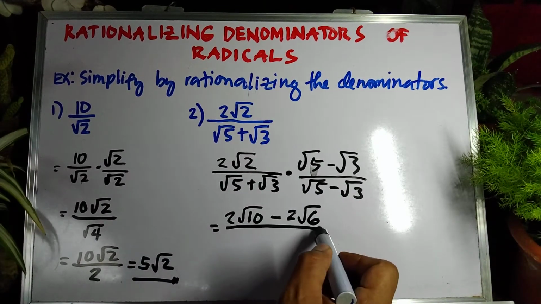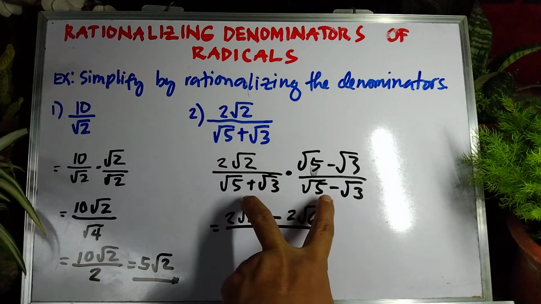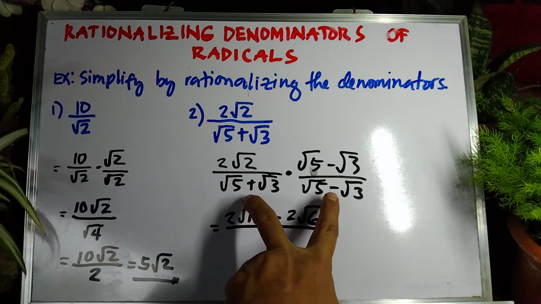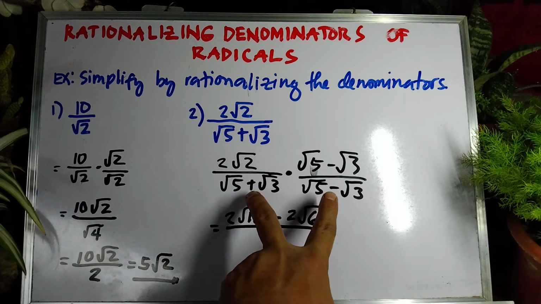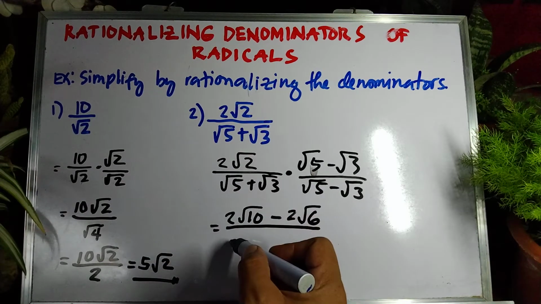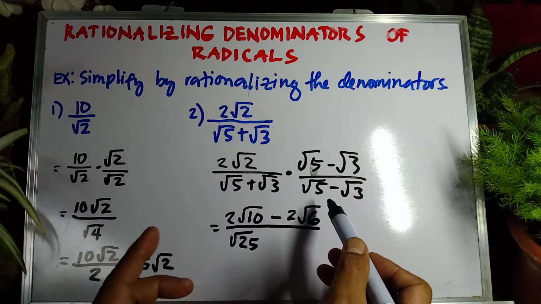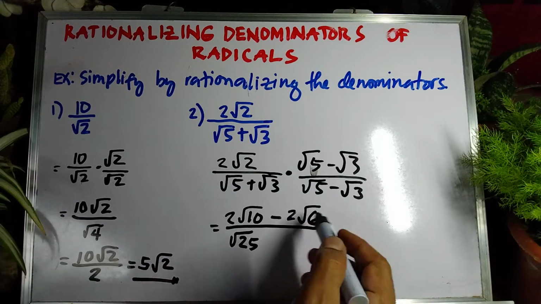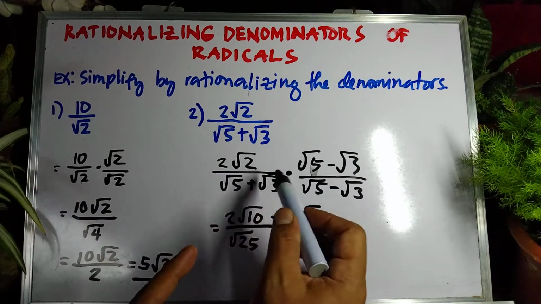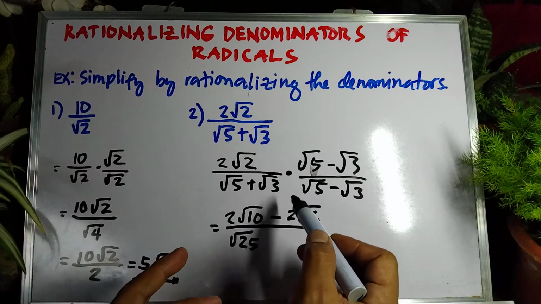All over. Now, as you observe, we can obtain a difference of two squares in the denominator. So we have square root of 5 times square root of 5, that is square root of 25. The second term becomes 0, so we go straight to the last. If we use the FOIL method in multiplying, we get 0 in the middle term.